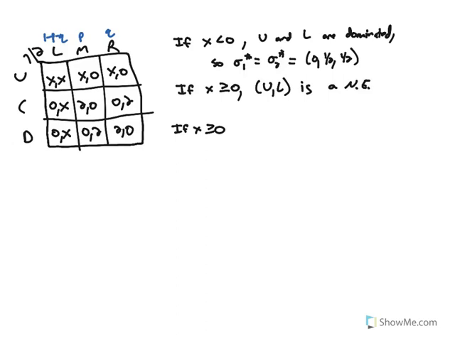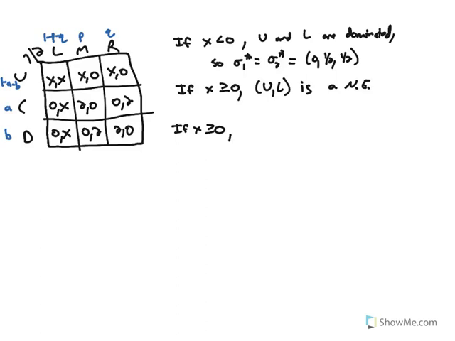The reason is that M and R are kind of symmetric strategies in the sense that they both have the 2, 0, whereas L is kind of on an island by itself with these x's. And so it's just a little bit easier mathematically to put the a and b and the p and q on the ones that are more similar to each other.